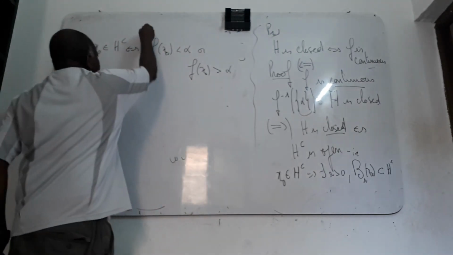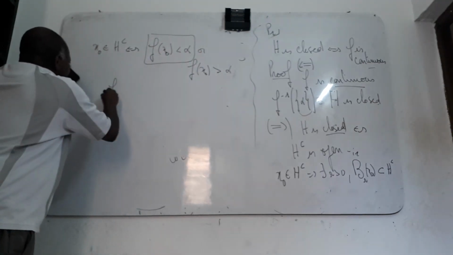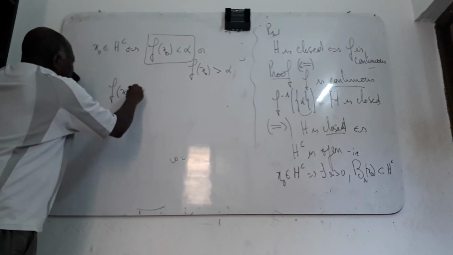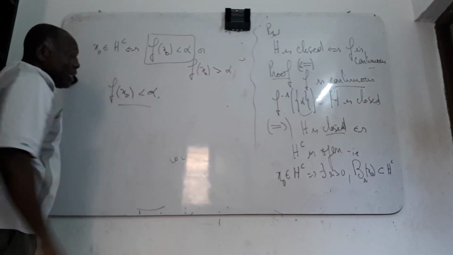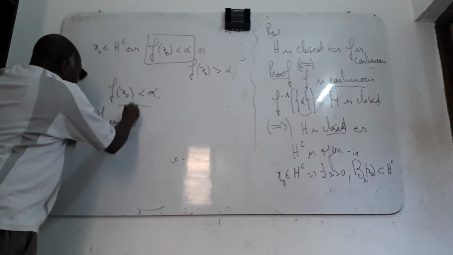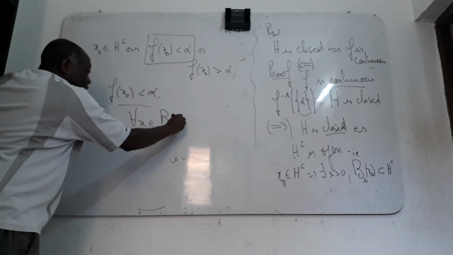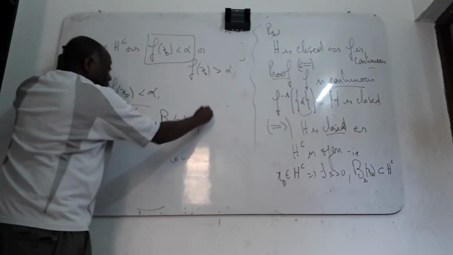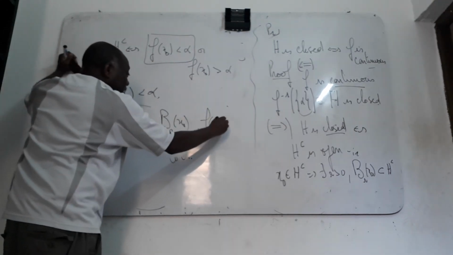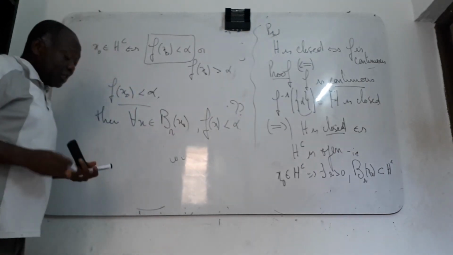Let us consider the first case: we suppose that f(x0) is less than alpha. Then we will prove that for all x in the ball of center x0, f(x) is necessarily also less than alpha.